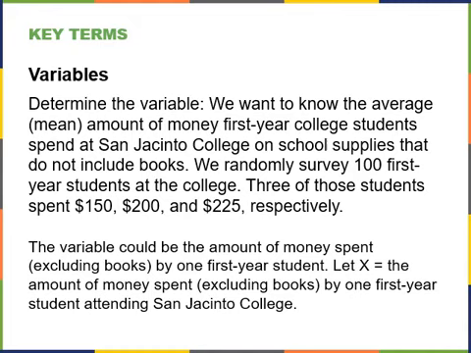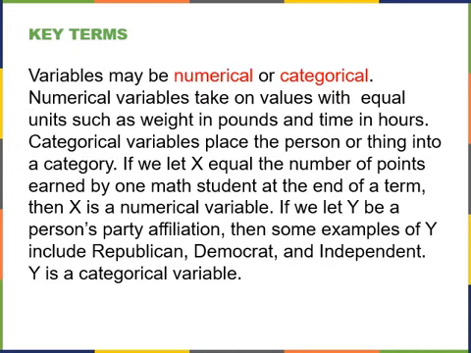So that would be X. Now, variables can either be numerical or categorical. Okay? Numerical variables take on values with equal units, such as weight in pounds or time in hours. They are numerical, they're numbers.